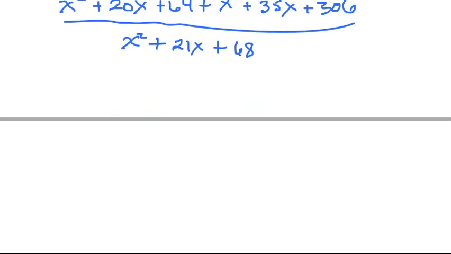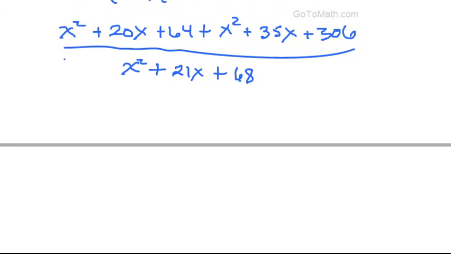All right, let's do something with the top up here. We have an x squared and an x squared, and that's going to give us 2x squared. Then we have a 20x and a 35x, that's going to give us 55x.